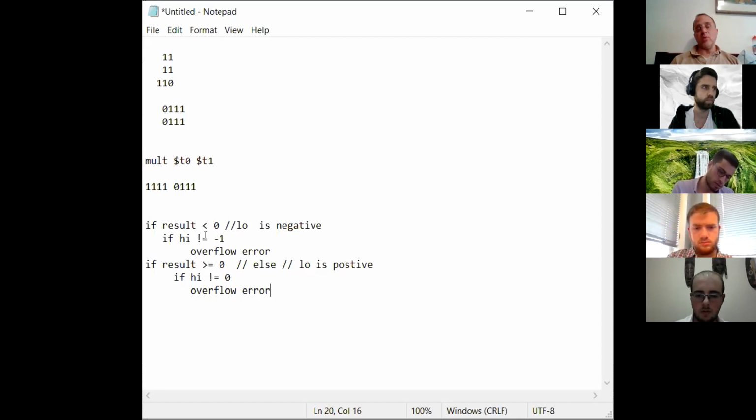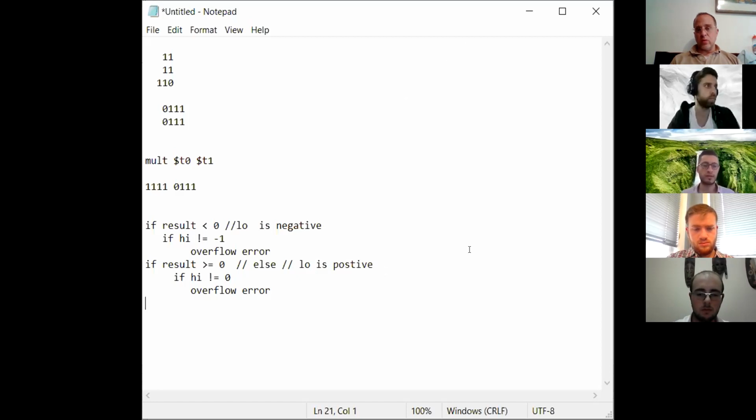I gave you an example where you check the signs and we got the wrong result. You always have to check the high and the low after the multiplication. People have done other things, but this is the most efficient way of doing it. So that's it.